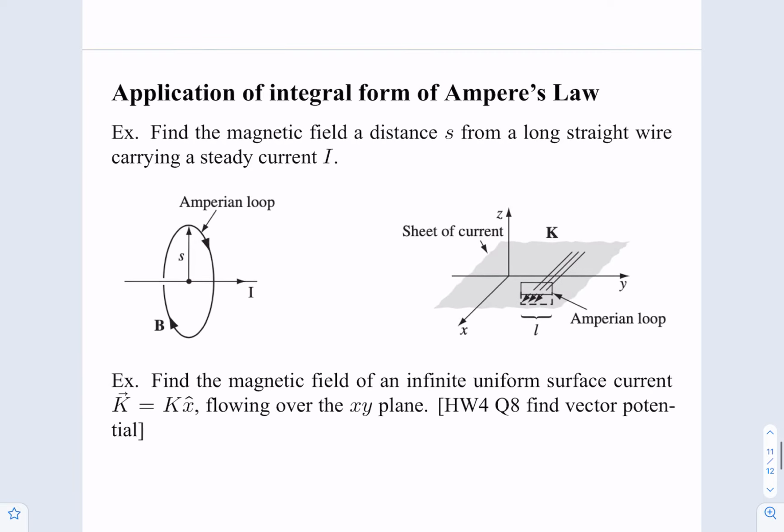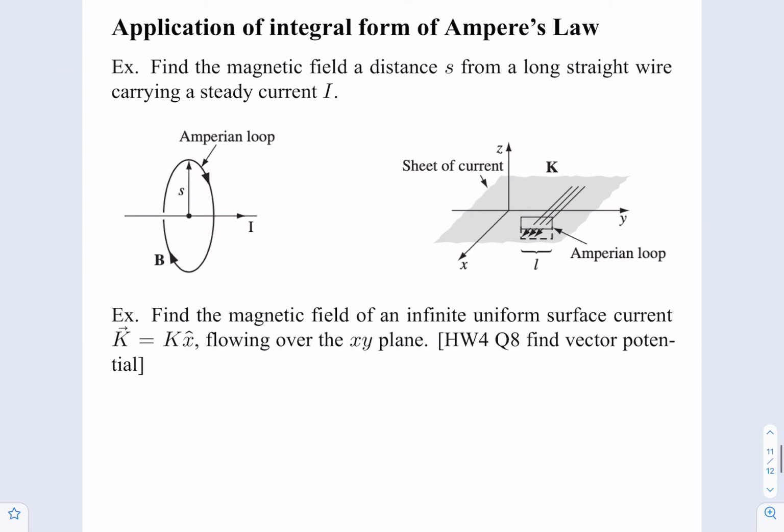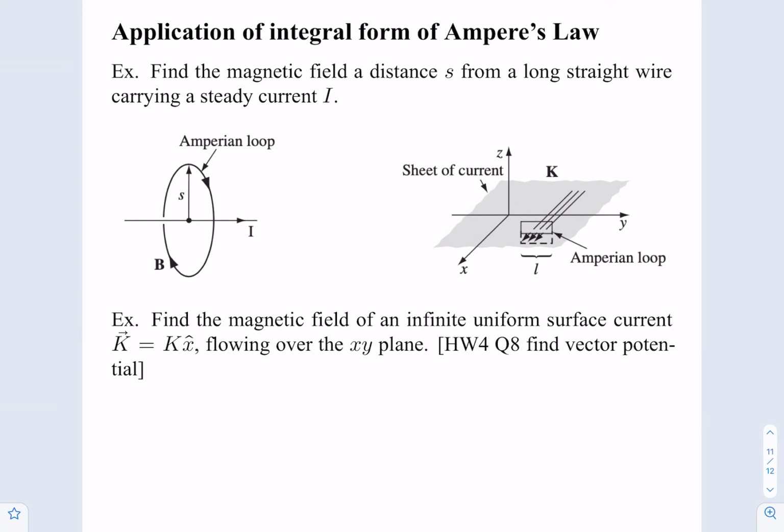For example, first we can look at the case of an infinitely long wire. We just calculate the B field for this case, right? So we already know the answer.